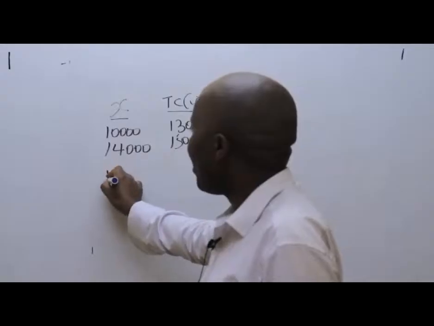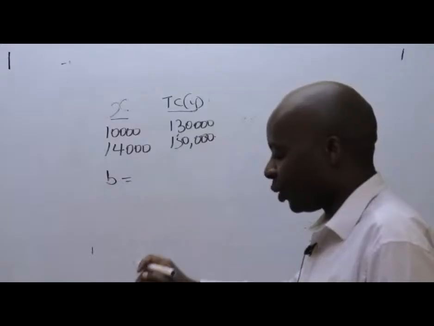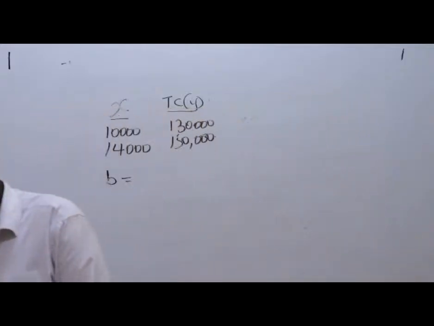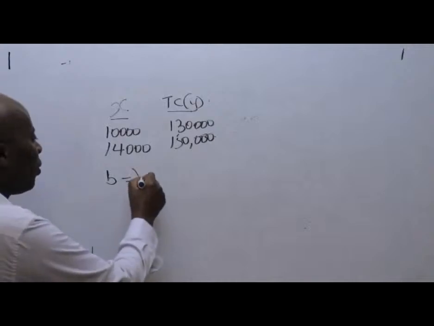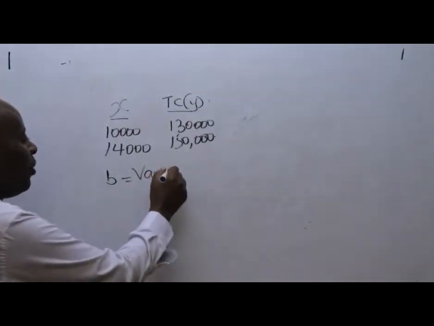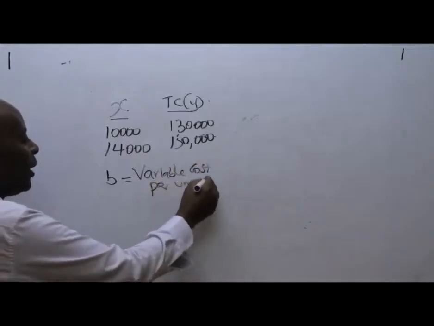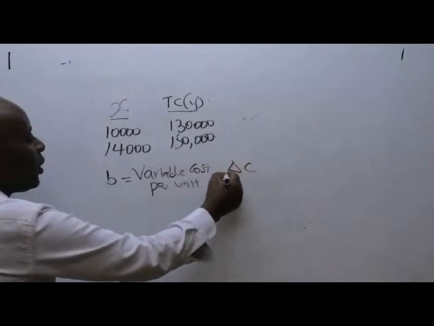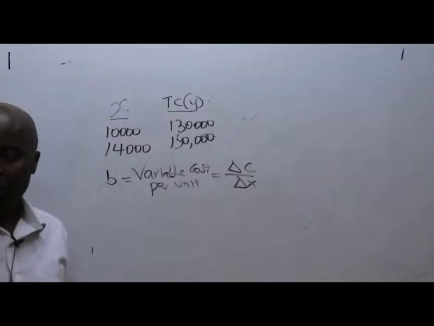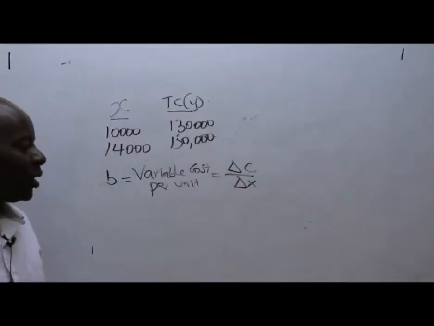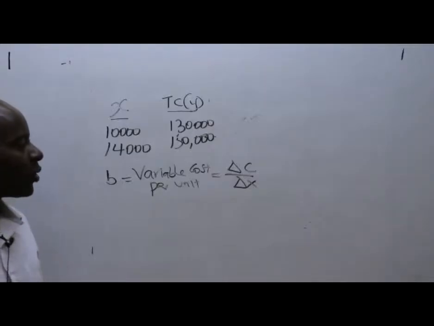Gradient, which is my B, will automatically be my variable cost per unit, and it will be equal to change in cost all over change in x.